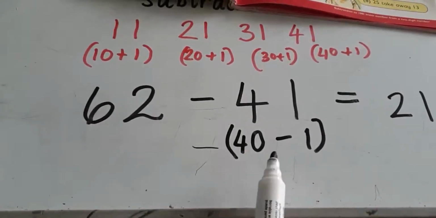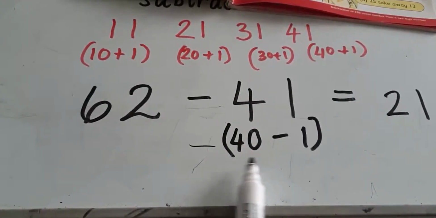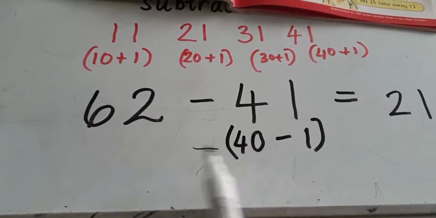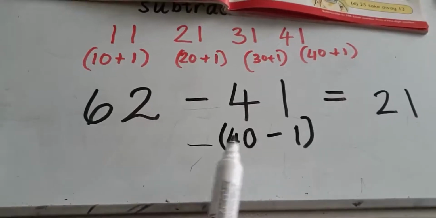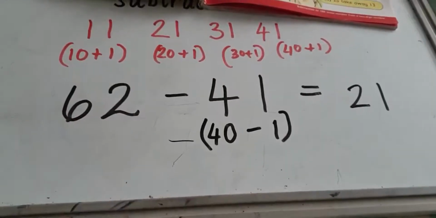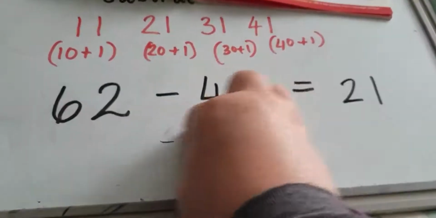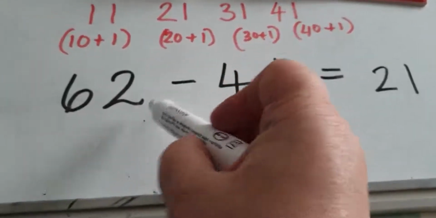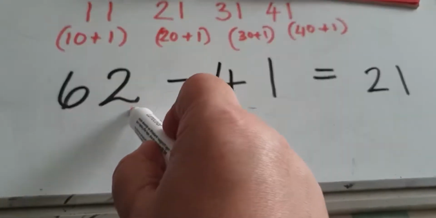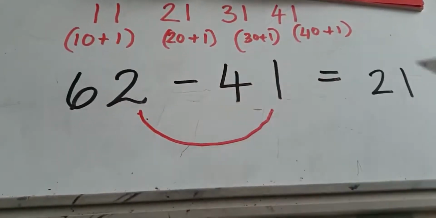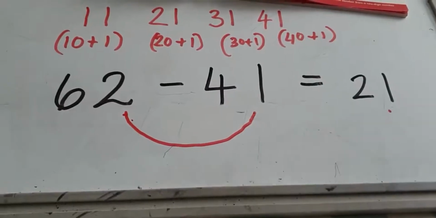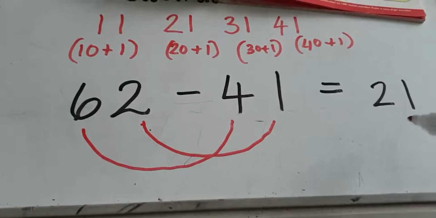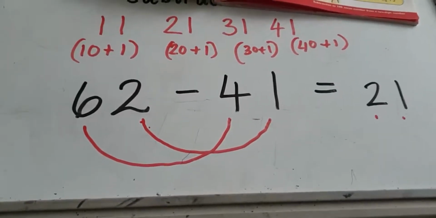Okay, you might just want to do this little step in your mind to help you if you're doing this calculation mentally. It's different if you've got it written down. I think if I had it written down on my page, I'd always revert back to what you've been taught to do, which is start at your units. 2 take away 1 is 1. 60 or 6 tens take away 4 tens is 2 tens.